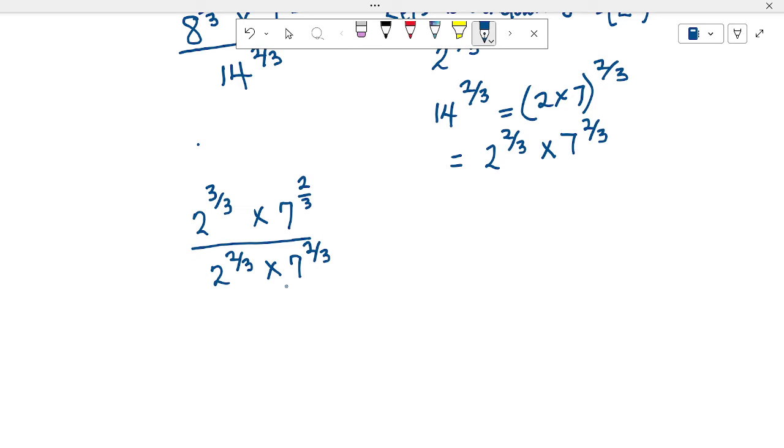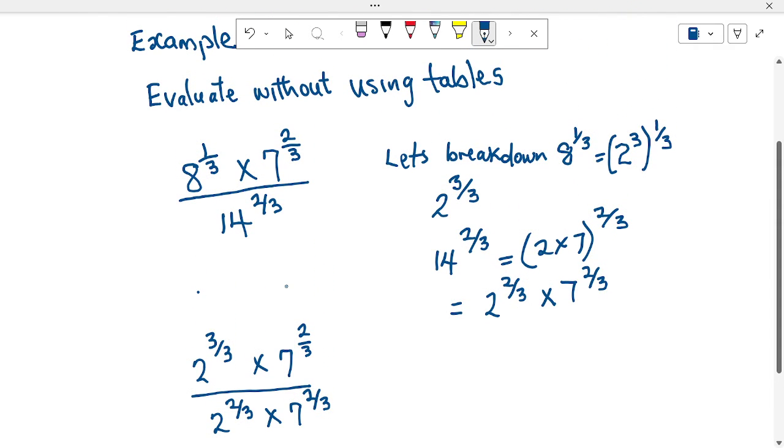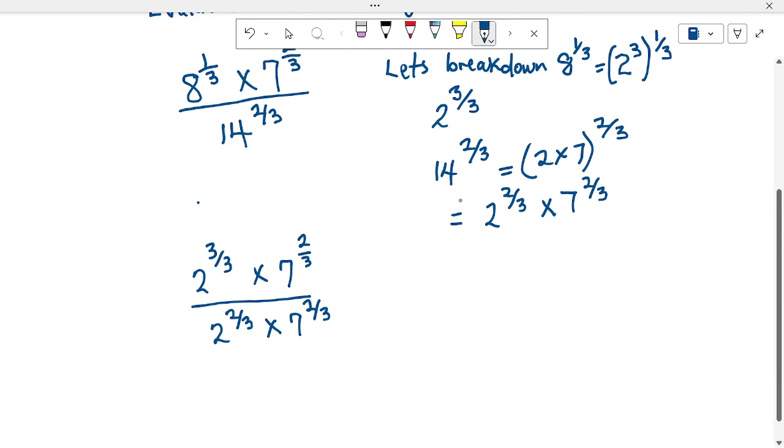Now, there is a step I want us to take. That is why I did not complete this step here; that's why I left it at this. Because there is a step I want us to go through. It's the same thing.